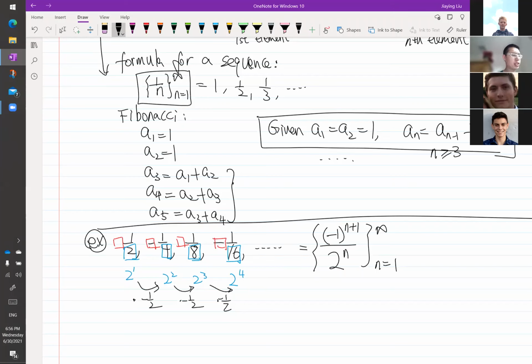For us, we always keep n going from 1 to infinity. So n equals 1 means it corresponds to the first element of the sequence.